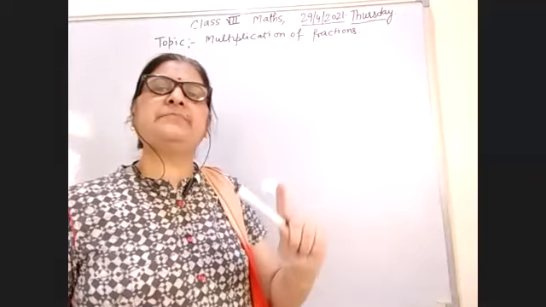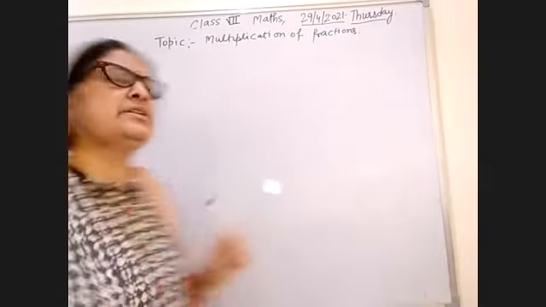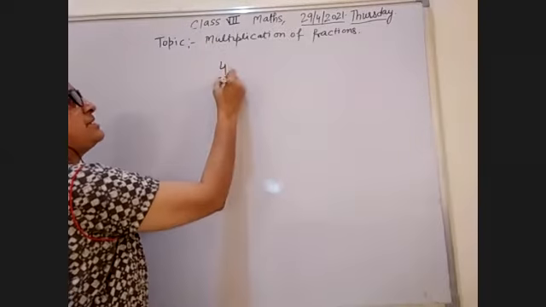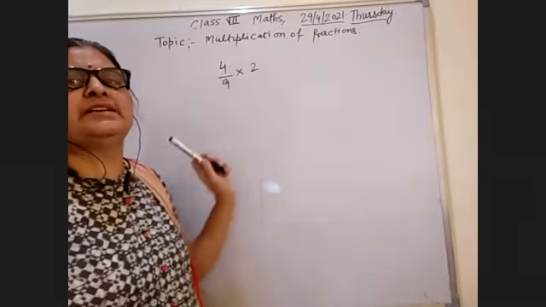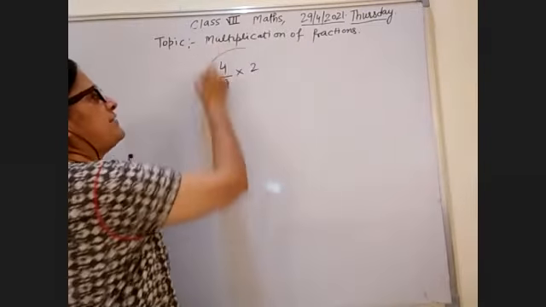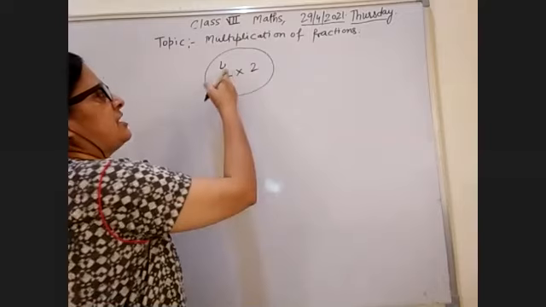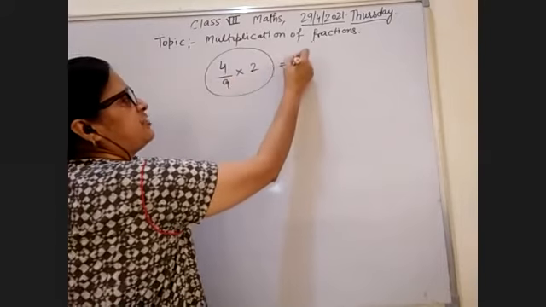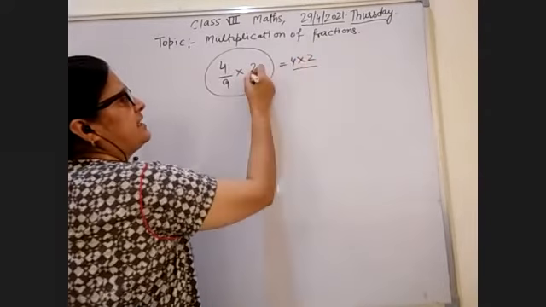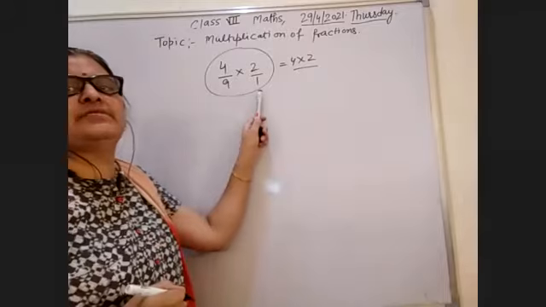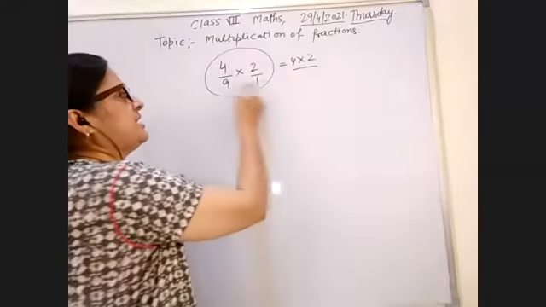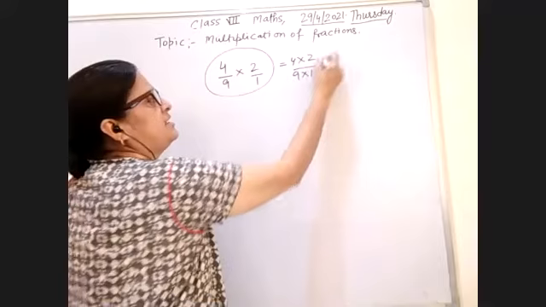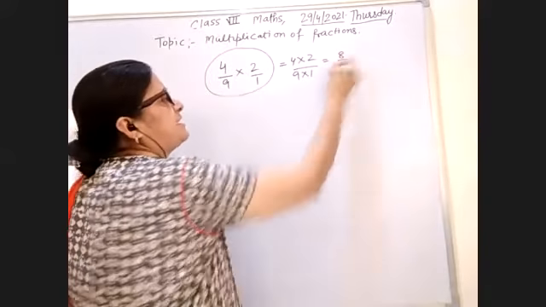When we multiply a fraction by a natural number, suppose I have written here 8 by 9, multiplied by 2, then how will I multiply this? Numerator is multiplied by numerator, and here the denominator is not given in the question, so I will put here 1. So 9 is multiplied by 1, so it is equal to 8 upon 9.